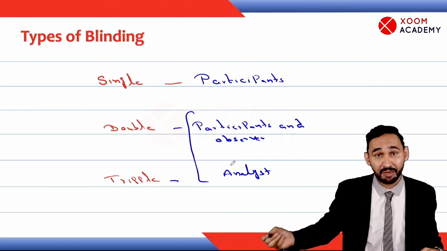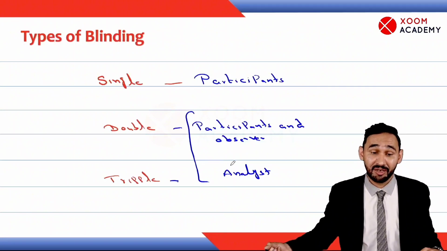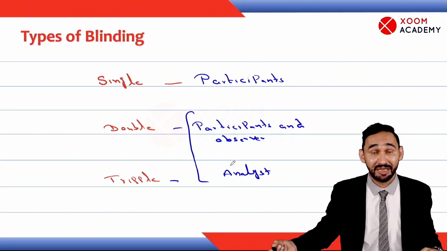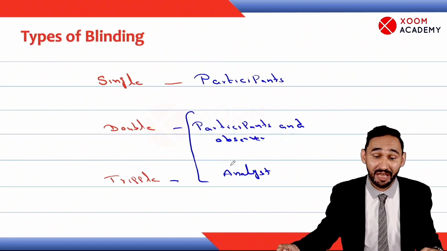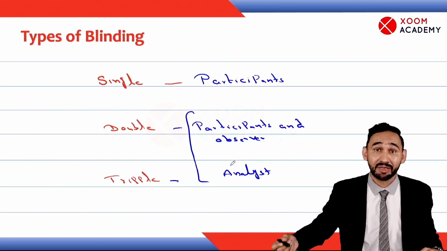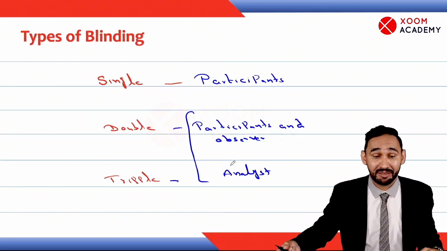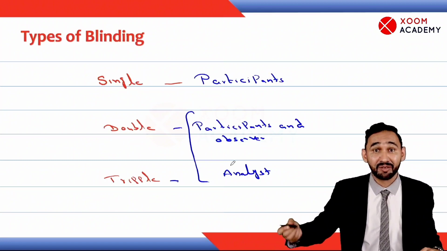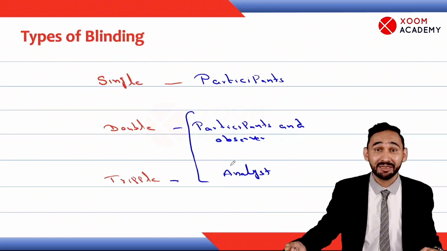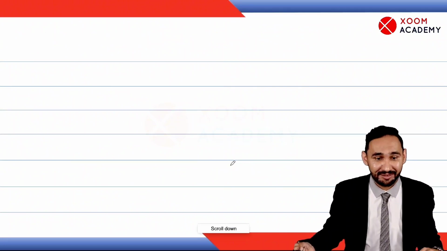A single blinded trial is easy to carry out. A double blinded trial takes time. A triple blinded trial also takes time. So most of the time there is double blinding. It depends on the scenario of the study, but blinding is done. Blinding should be done to reduce the bias, to reduce the error.